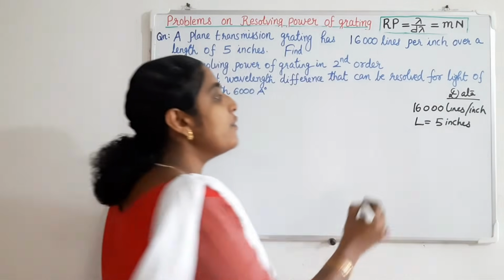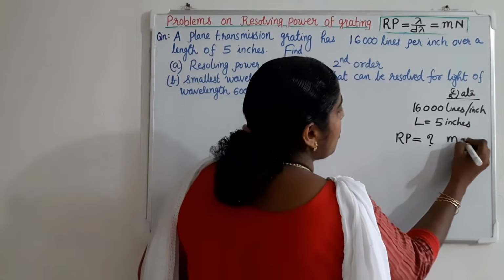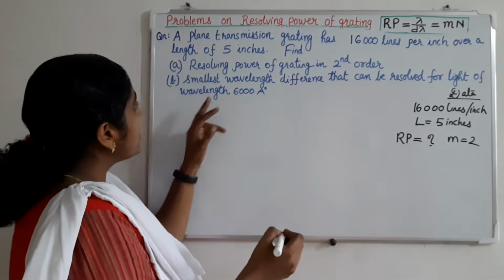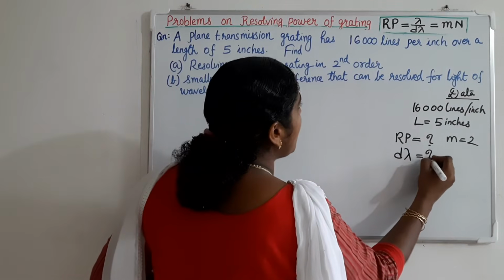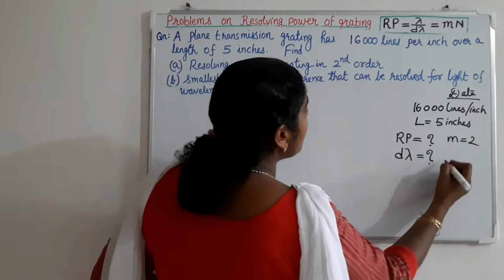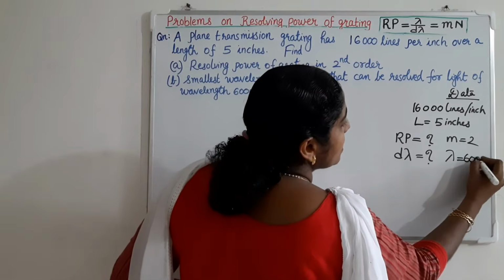Find the resolving power of grating in second order. And the second part is smallest wavelength difference, that is d lambda, that can be resolved for light of wavelength 6000 angstrom.